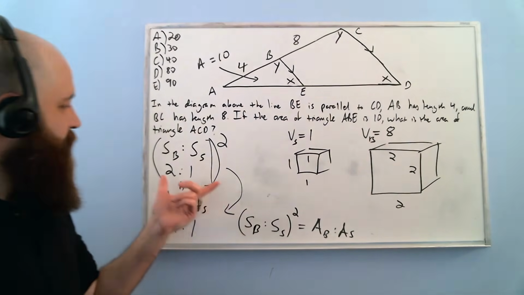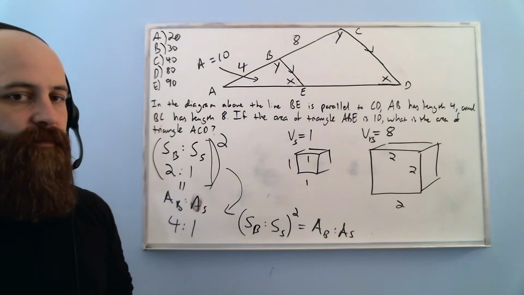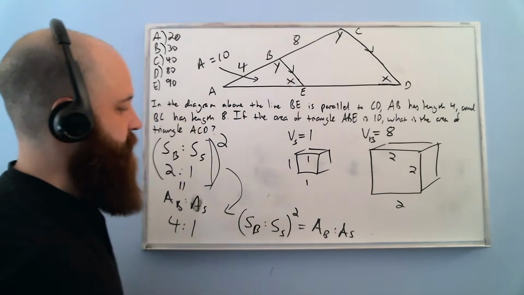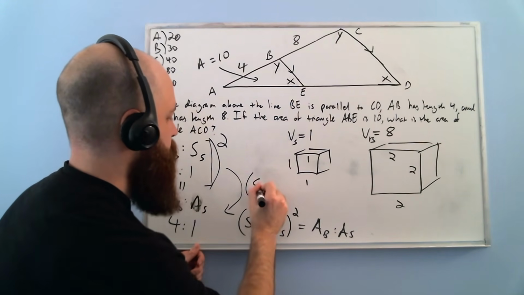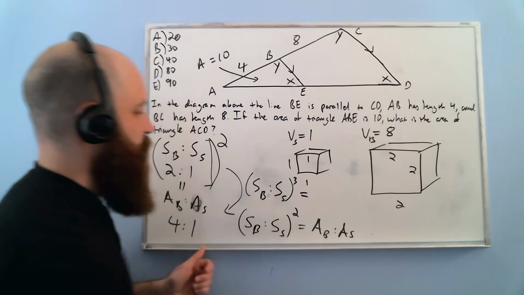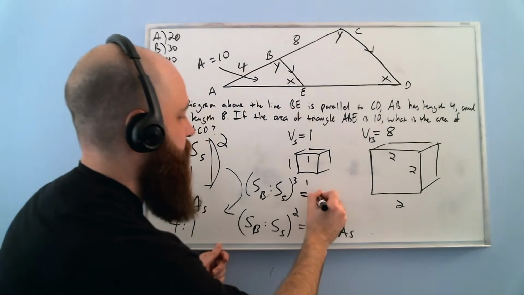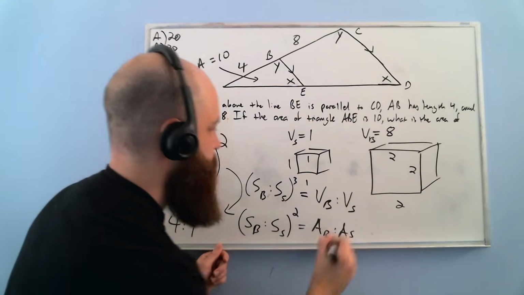Okay, so the question is, how do I get from the ratio of the side lengths to the ratio of the volumes? Well, you square that ratio to get the ratio of the areas. We want to cube it to get the ratio of the volumes. So if I cube 2 to 1, that gives me the ratio of the volumes, in other words, 8 to 1.